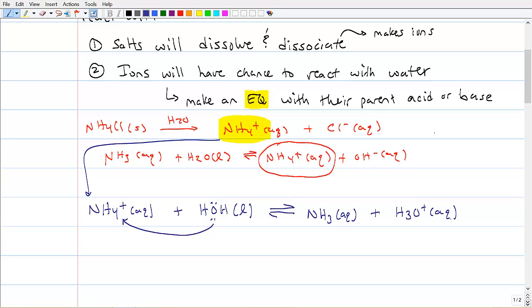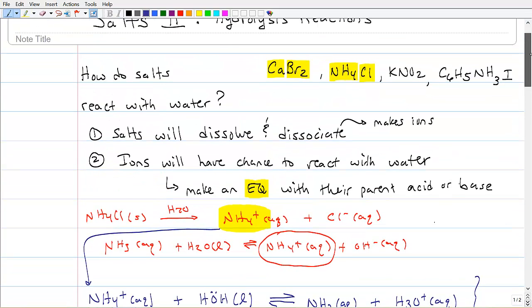When it reacts with water in this process, which is called hydrolysis, we've created the equilibrium again between these two substances. The difference is that when ammonia dissociated into NH4 plus, it was acting as a base, but ammonium will act like an acid.